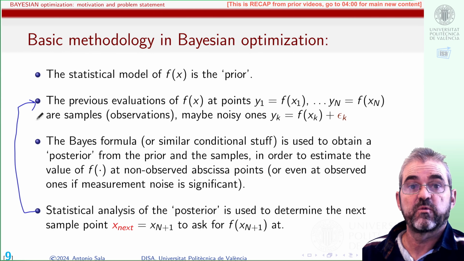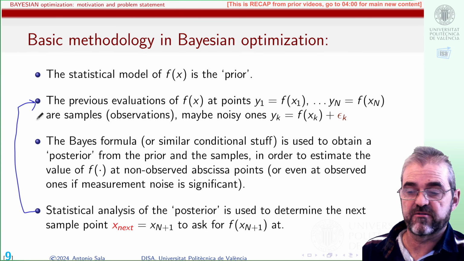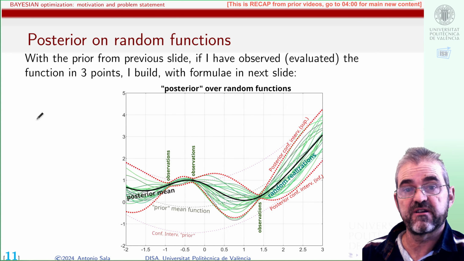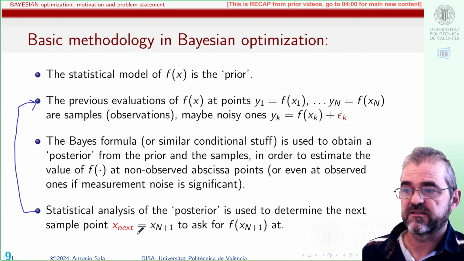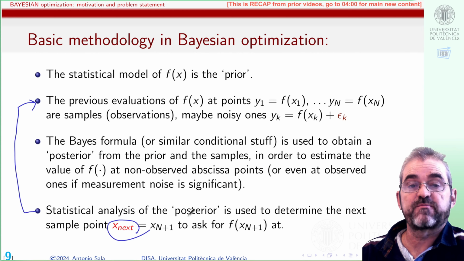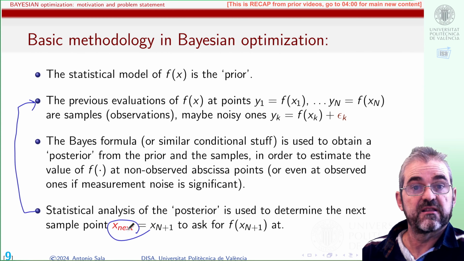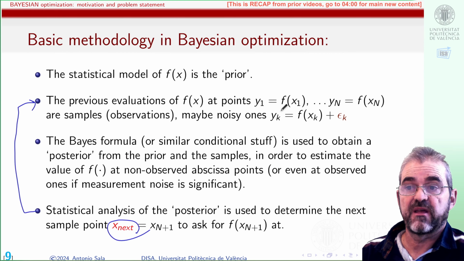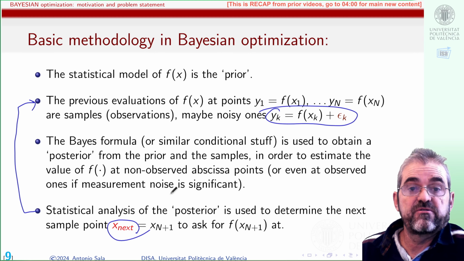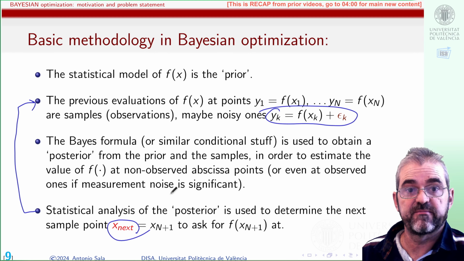We have this prior, we have some historical record of samples, so we obtain the posterior with some formulae from the posterior, normal, conditional stuff, and then we carry out a statistical analysis of the posterior to determine which would be the best choice for our next sample. So Bayesian optimization is a kind of experiment design, let's say, and once I get the next sample, I evaluate it, maybe with some measurement noise, and I repeat and repeat and repeat until I am fairly sure that I got the actual global optimum.